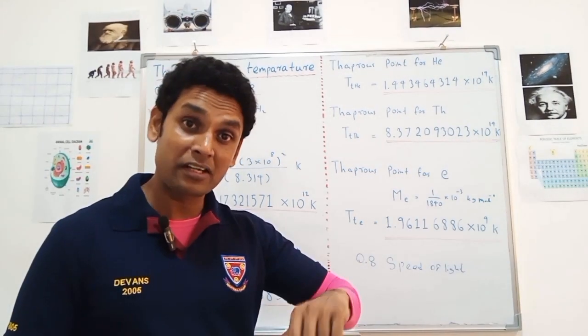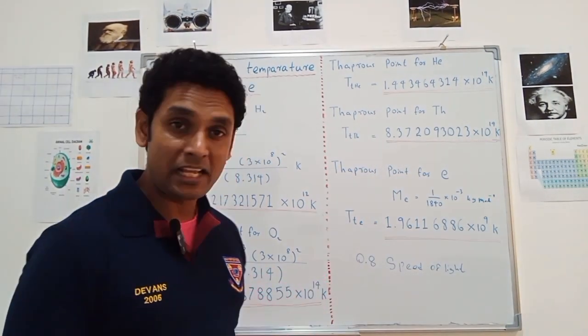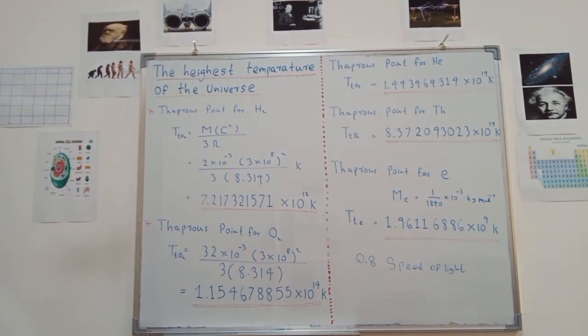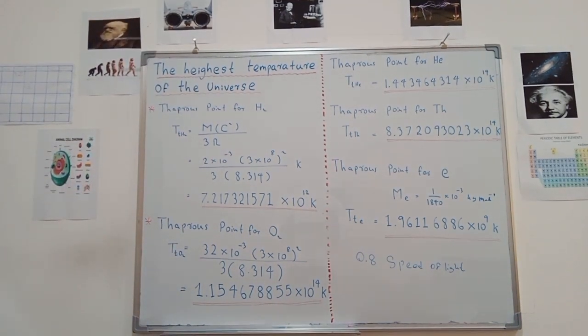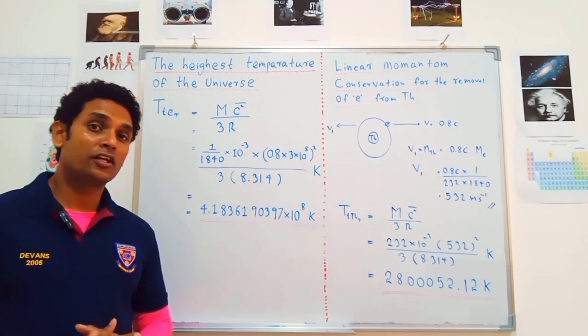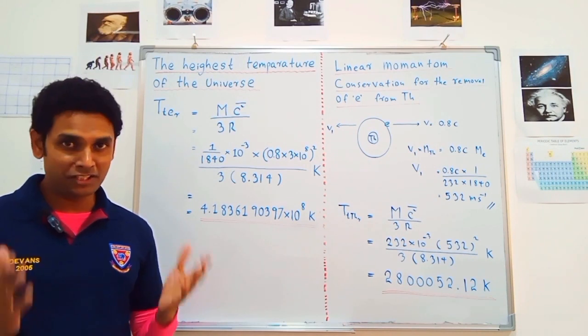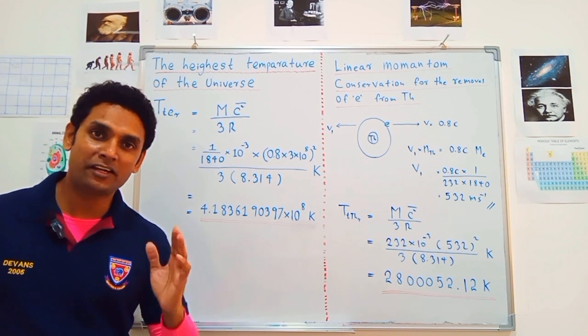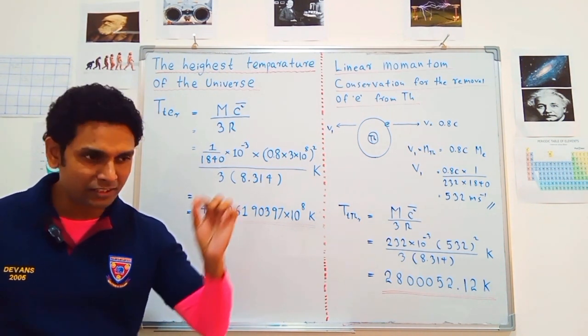Now we are going to calculate another temperature for this particular movement as well. As I mentioned earlier, the speed of light is not possible for the electron to keep as its fastest moving speed.